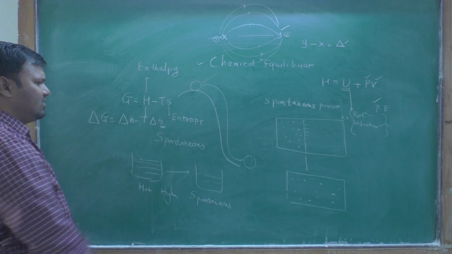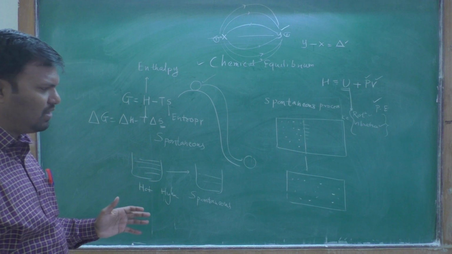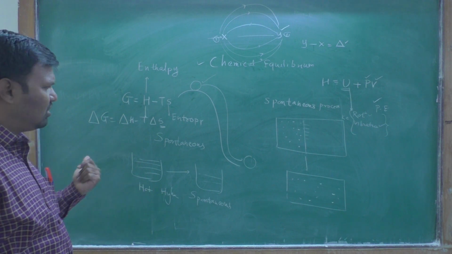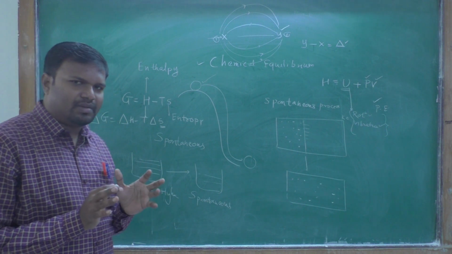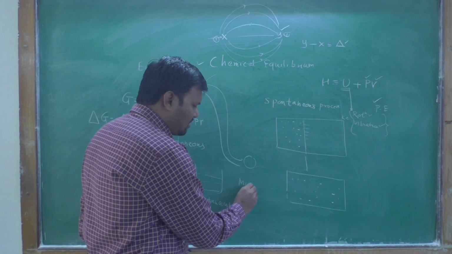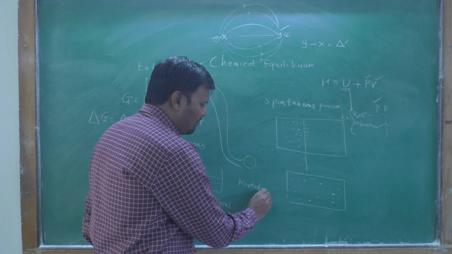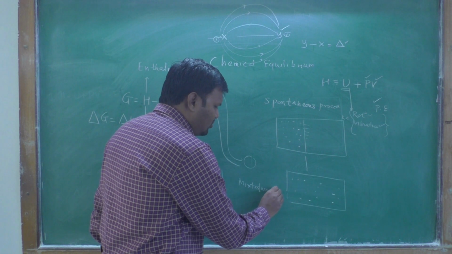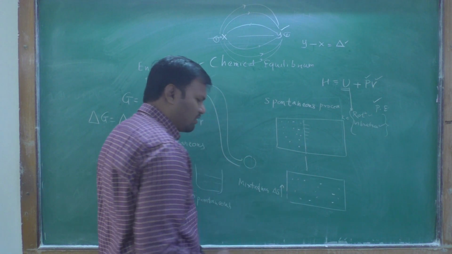Okay, that delta S is the change in entropy: final entropy minus initial entropy. Remember that entropy is mixed-upness. If there is mixed-upness, the change in entropy is higher.